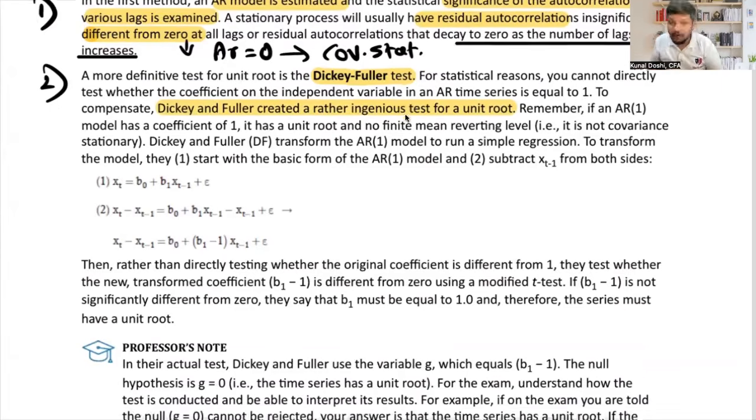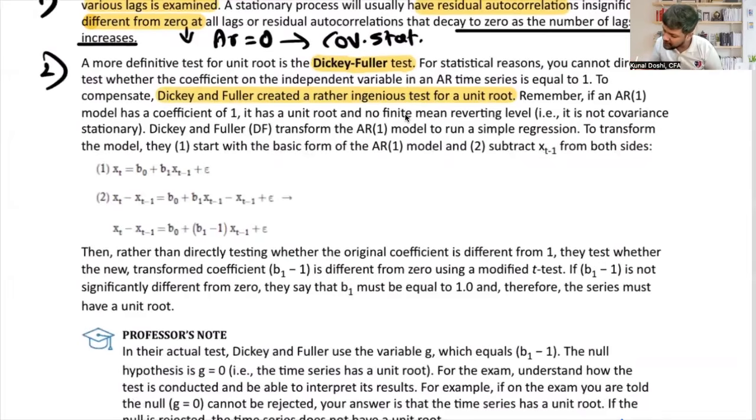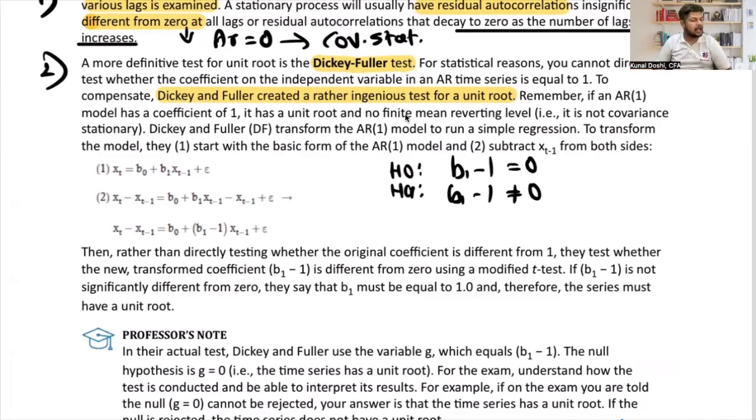So therefore, very interesting. What will happen is that we will convert the null and alternate into a very interesting thing. Please see this, where instead of saying b1 is equal to 1, we will translate it to b1 minus 1 is equal to 0, or b1 minus 1 is not equal to 0. Now everyone in the class, if the null is rejected, then I will conclude that b1 is not equal to 1.